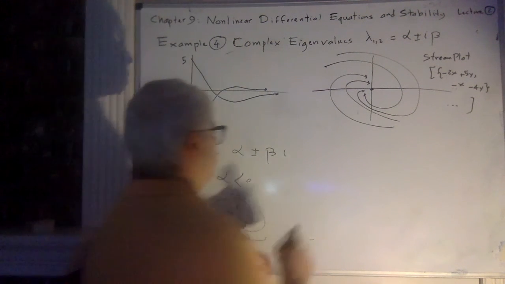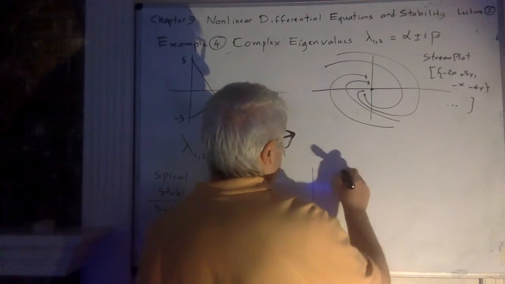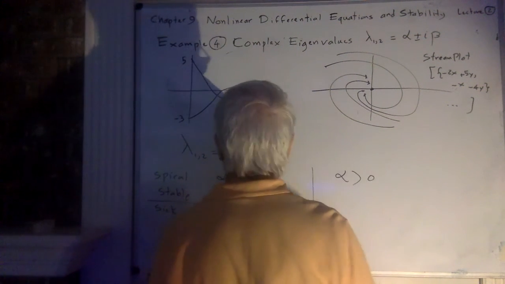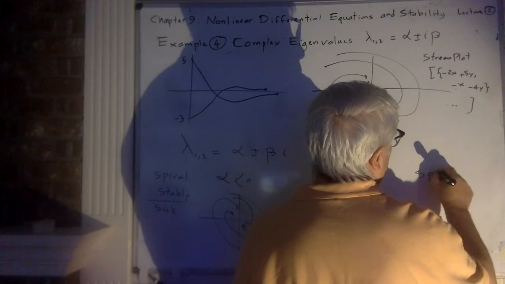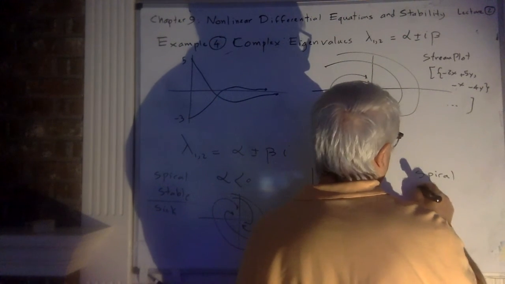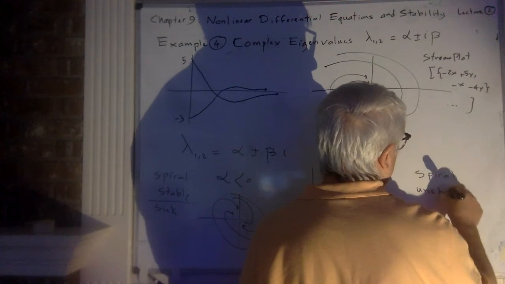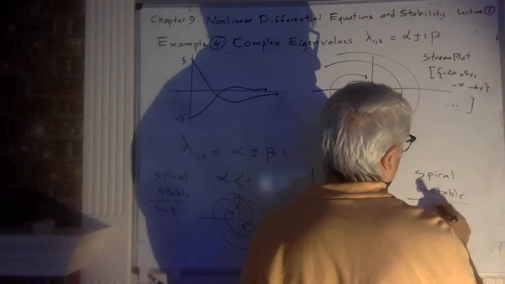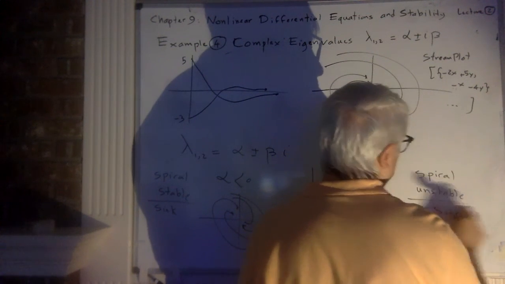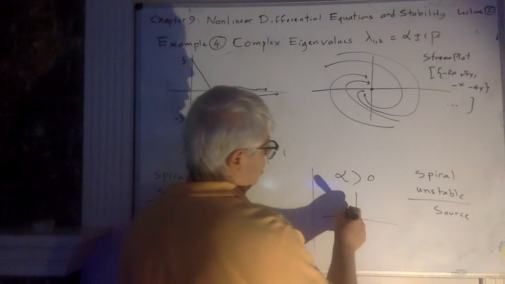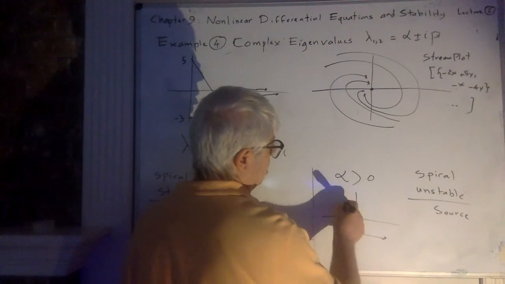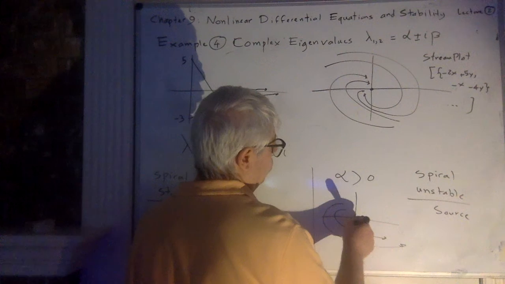And if alpha is positive, then it is a spiral, it is unstable, and this is called a source. And it's just the other way around. It just goes out. And you can tell why it's called source.